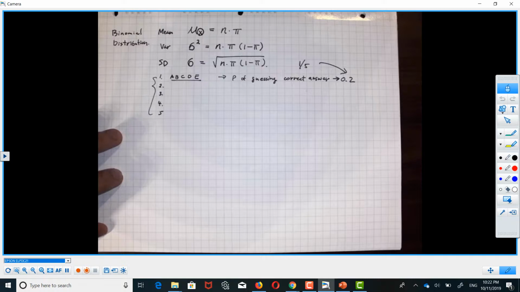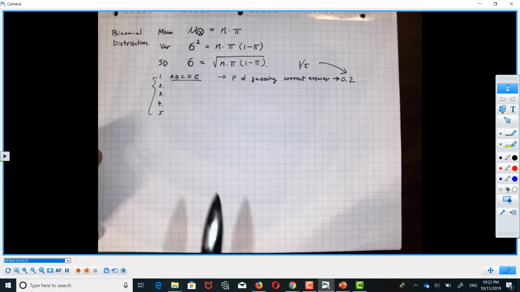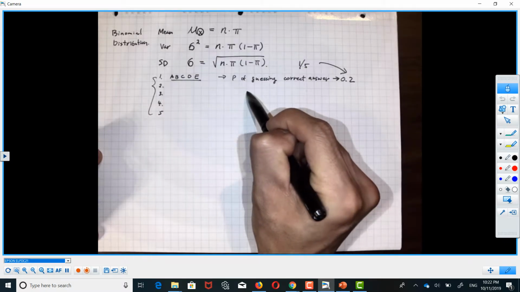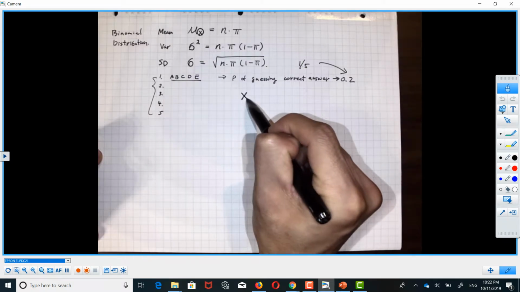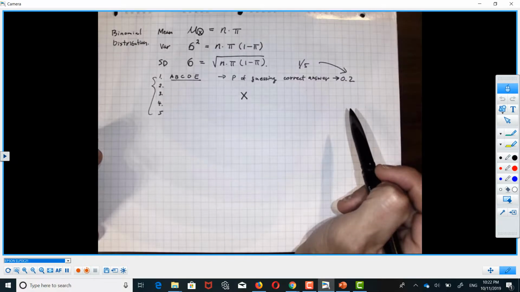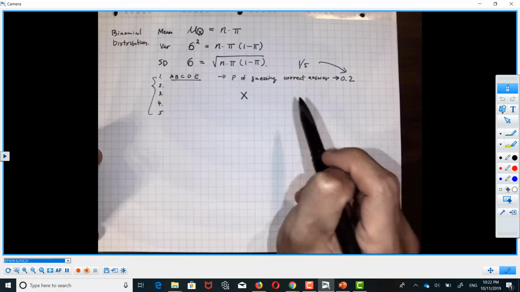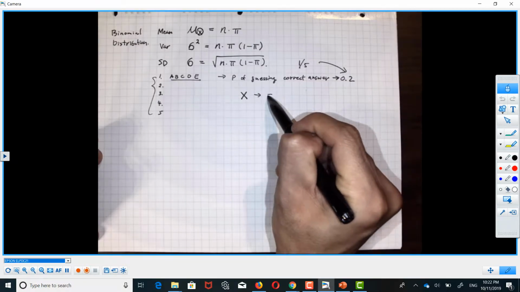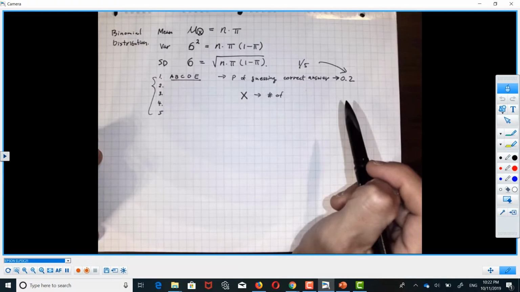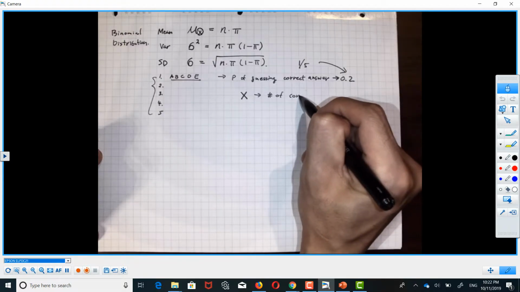So if you make a guess, since you have 5 choices for each problem, the probability of guessing the correct answer is 0.2. So obviously we can define the random variable x as the number of correct answers.